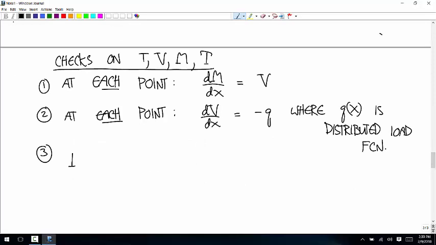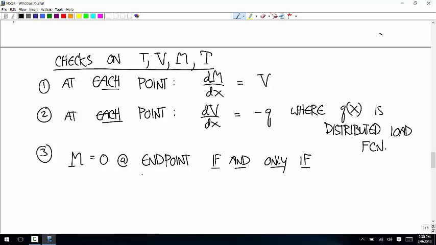Third, the bending moment is equal to 0 at an endpoint if, only if, there's no point couple at that endpoint.